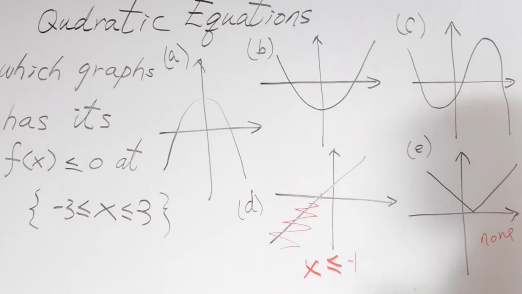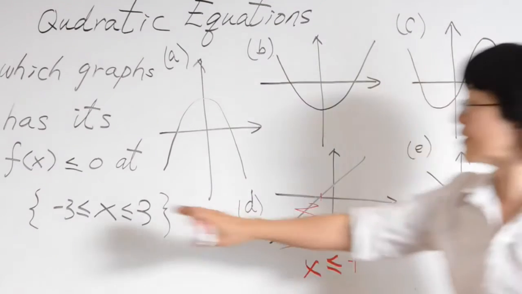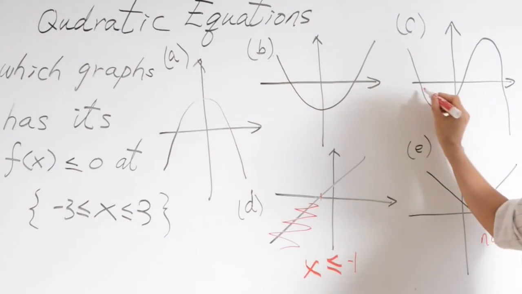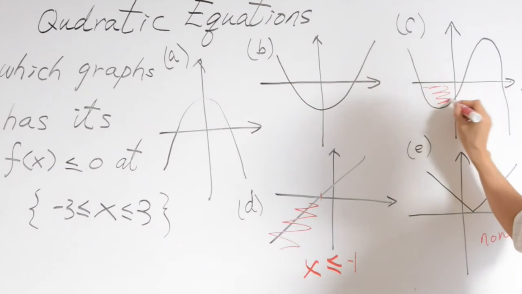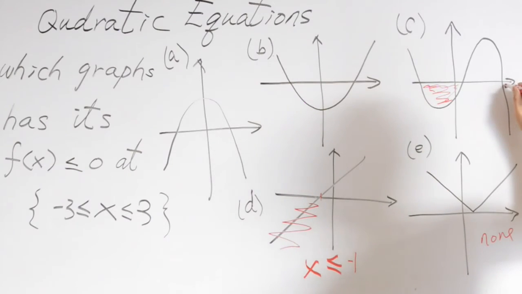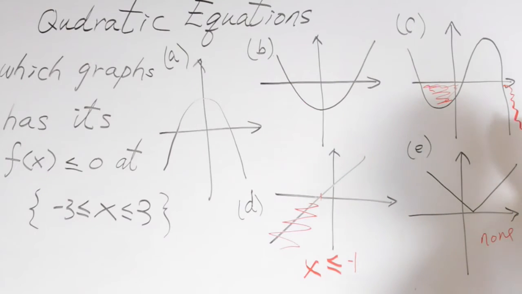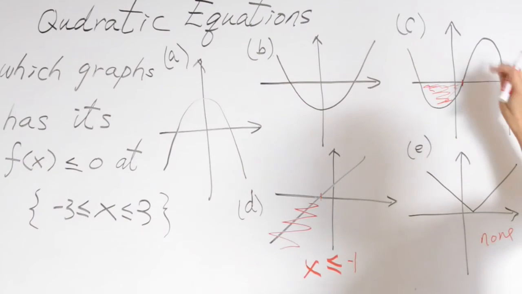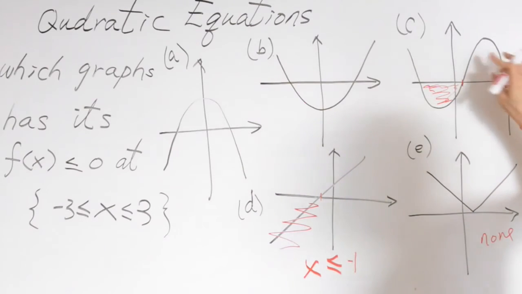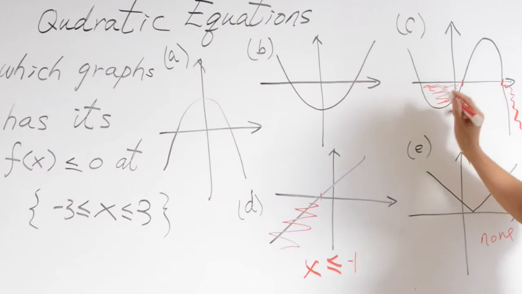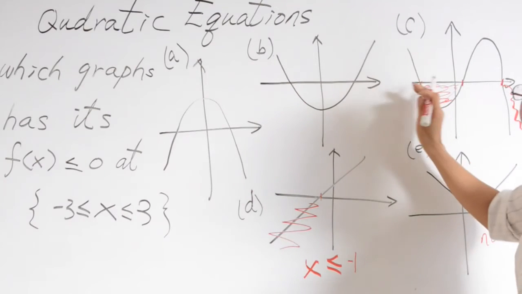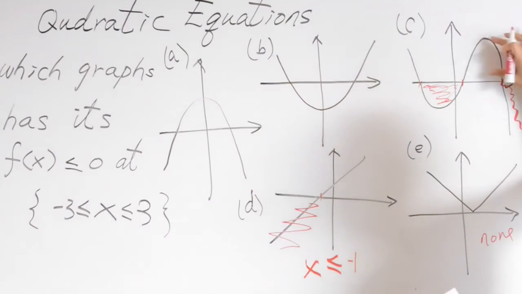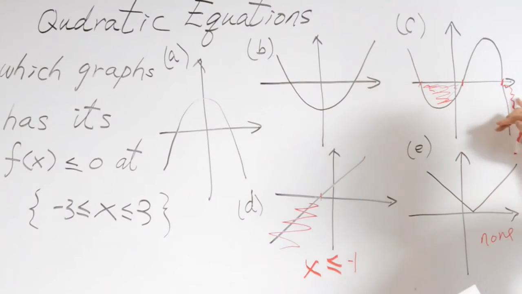Let's look at this one. For this graph to be smaller than 0 is this part here, anything in between here, or anything after this, right? Okay, and anything in between here and here, they are greater than 0. They are f(x) greater than 0. And for anything smaller than this number here, they are greater than 0 again. So this is the part that's smaller than 0.